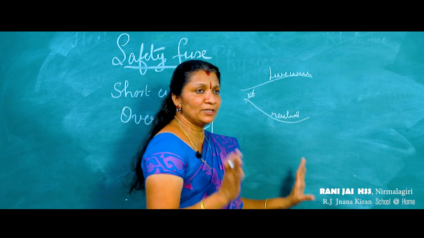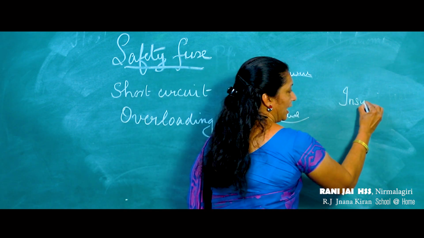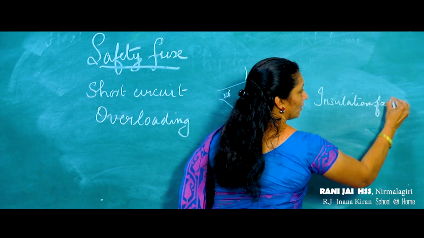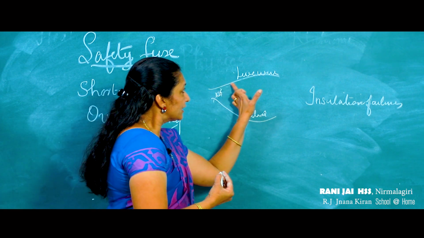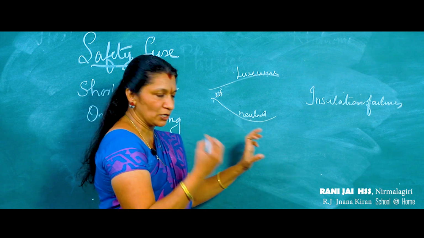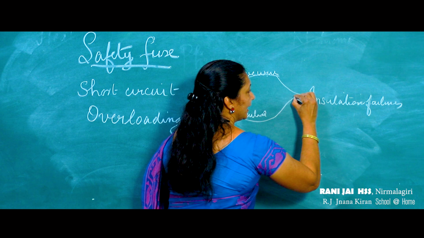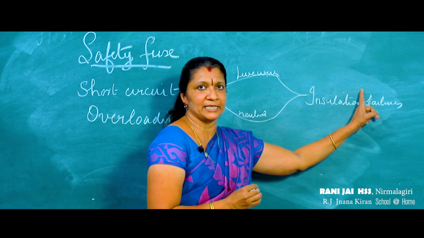In some cases, if there is any insulation failure, or if excess current is passing through it, the insulation of the live wire or neutral wire is lost. What will happen? These two wires may get into contact with each other and current will flow through a single wire now.